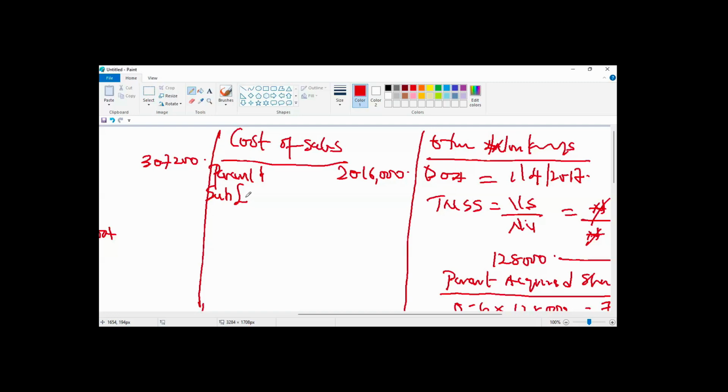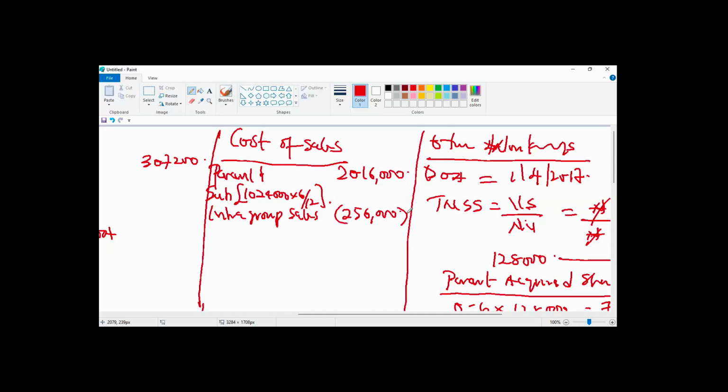So, cost of sales of the sub, 1,024,006 over 12, times 6 months. I will now say intergroup sales, which is 256,000. This is it.